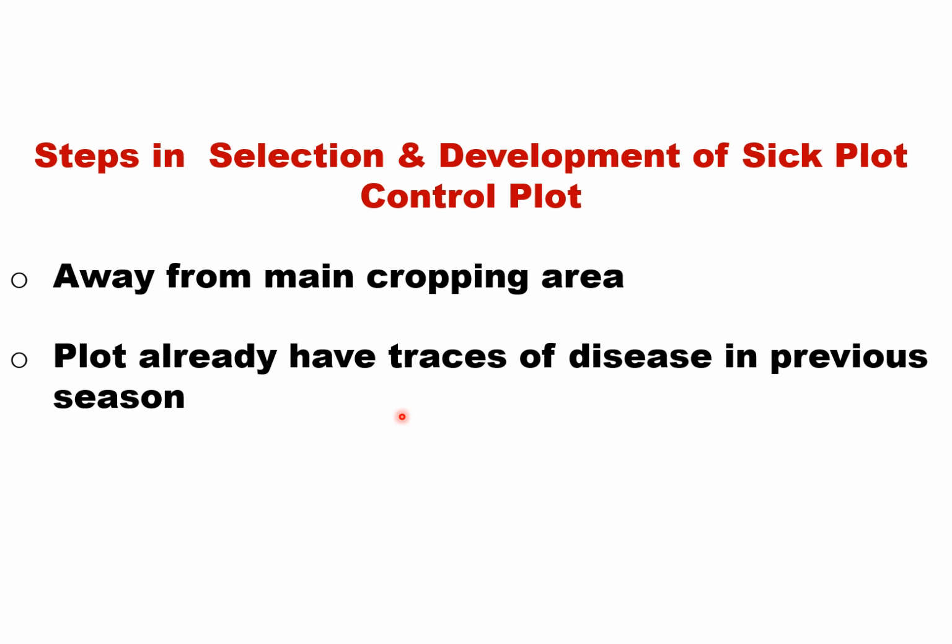This is very important because if the pathogen is already present, it means that the soil or the microenvironment is supporting the pathogen. So these are the two conditions which usually must be met before the selection of the sick plot or the control plot.